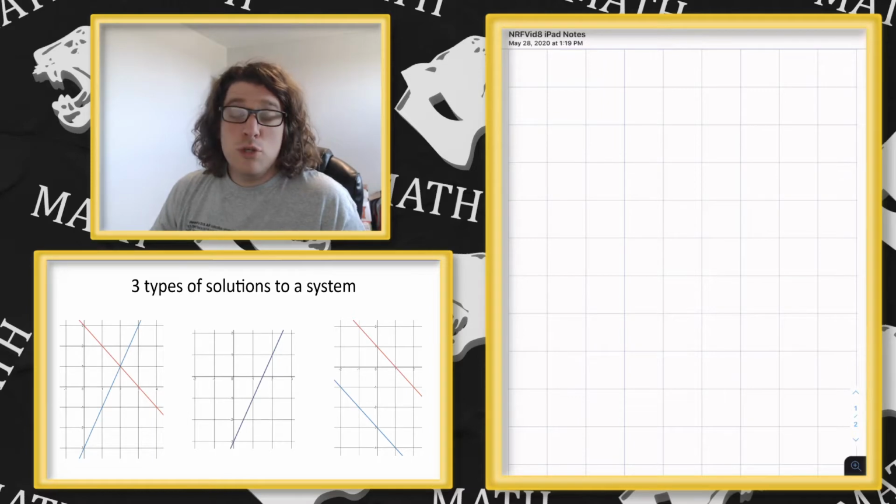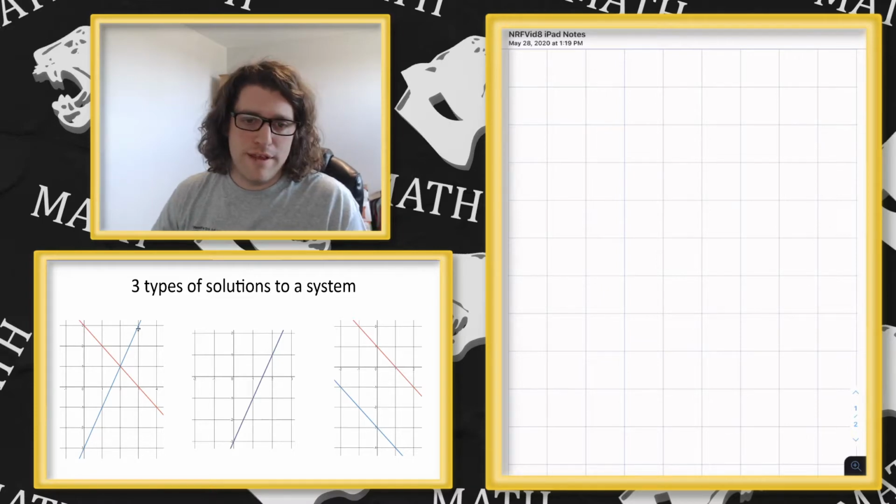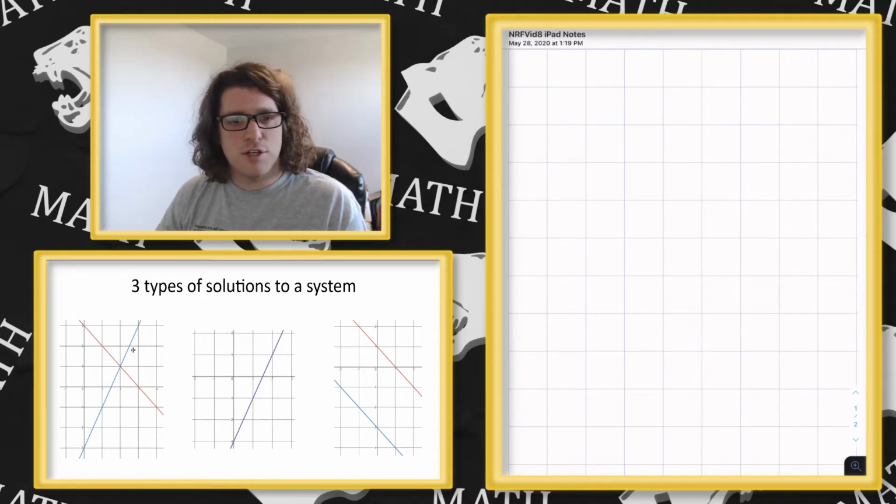A solution to a system has to be something that satisfies both lines at the exact same time. So all of these points satisfy that line. Any of those points is a solution to that line. Any of the points along here is a solution to this line, this function if you wish.